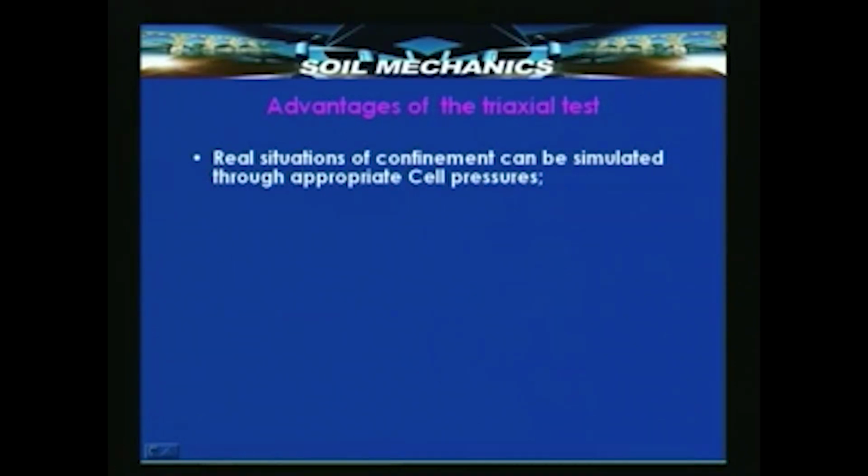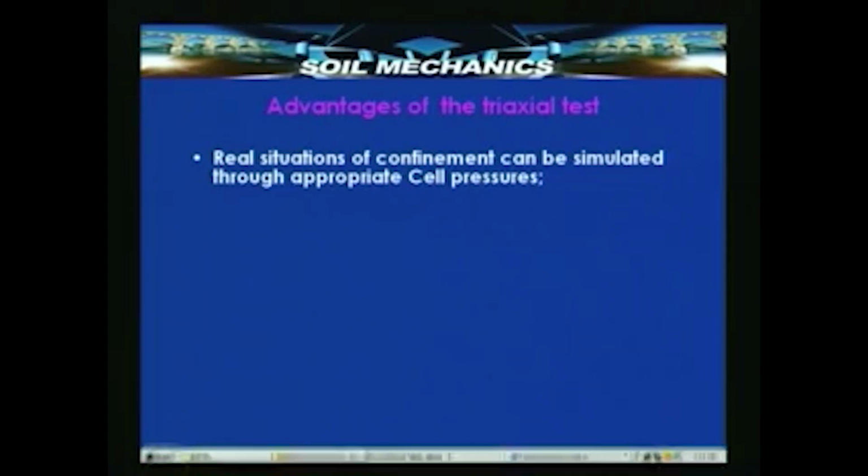Now, when you extract a sample from a certain depth and cut a specimen out of it and test it, obviously, in order to simulate the conditions which it experienced in the field, we need to know the condition of confinement and reproduce that in the experiment.